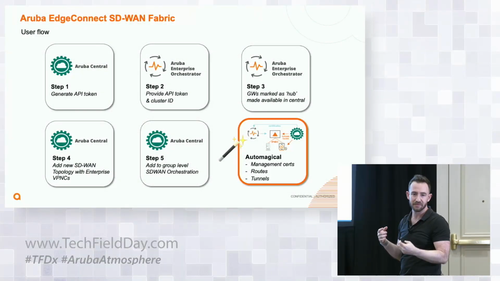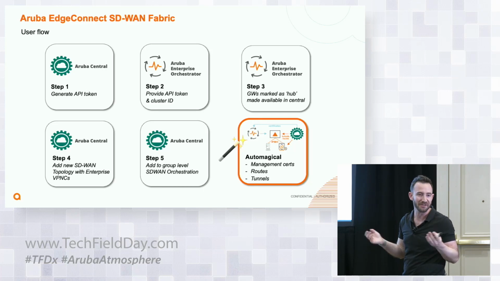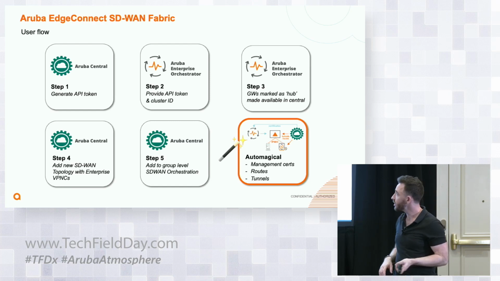You have to create a token, or I thought you had something on the screen about that. Oh, it was step one. So that's just step one to enable the integration between the enterprise orchestrator and its existing fabric and Aruba Central. And that's just a one-time thing that you do when you set it up. So I missed the orchestrator. Yeah, that's a separate piece.